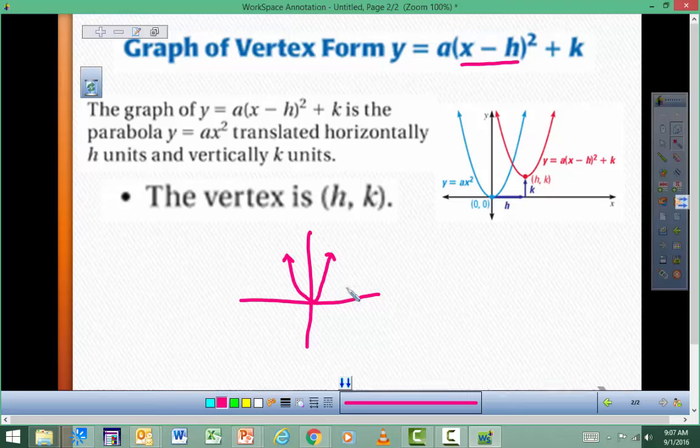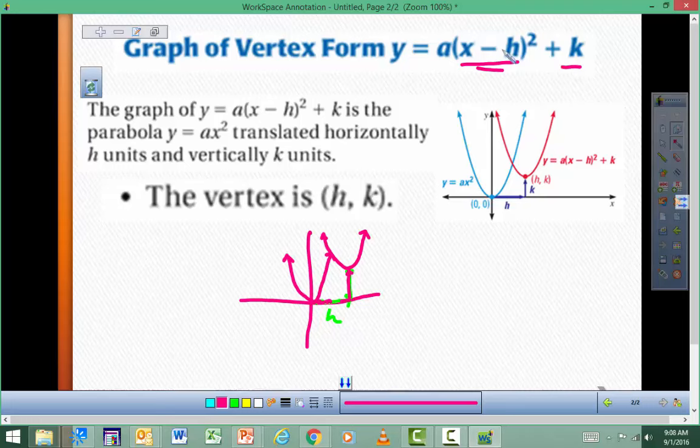We translate it this way a certain distance, and that distance is going to be called h for horizontal, and then v for vertical. Actually, we use k for the vertical direction. And then we might lift it up to a new spot right here, so that the parabola might be sitting here instead. Does that make sense? You translate it this way, horizontal, then vertical. That's the idea behind the setup.